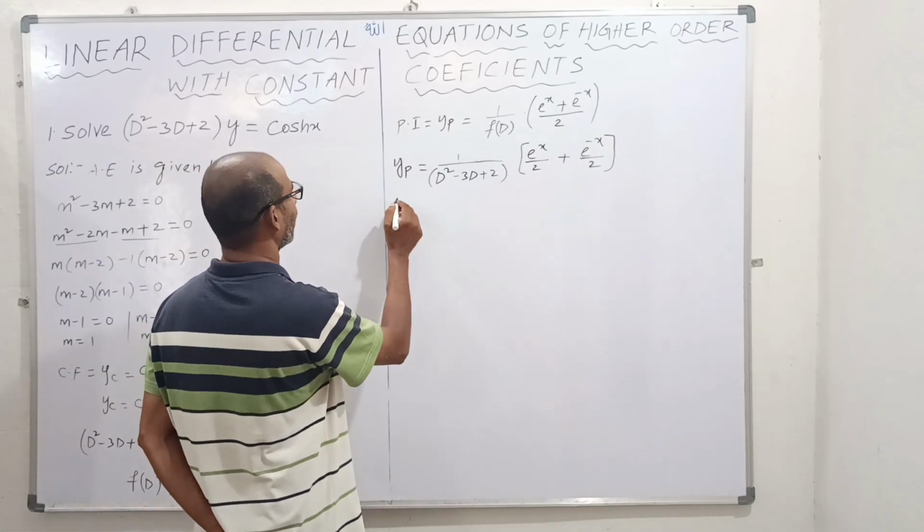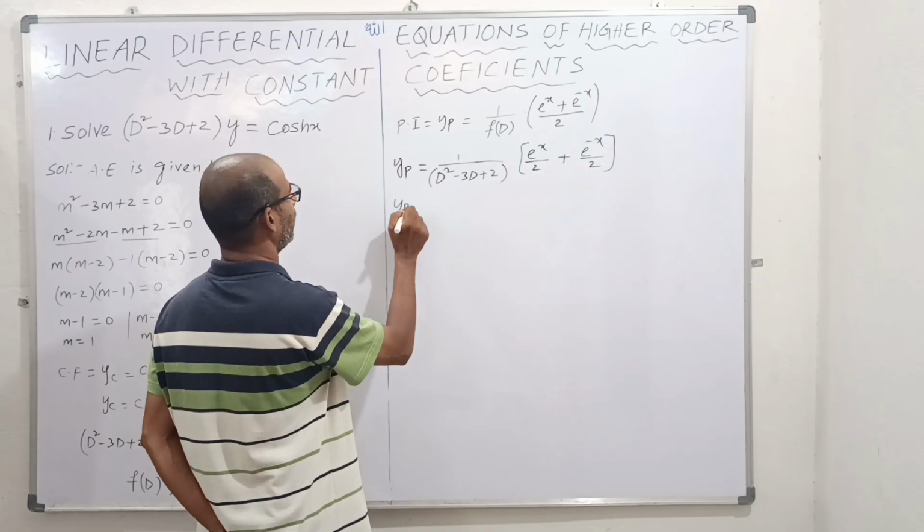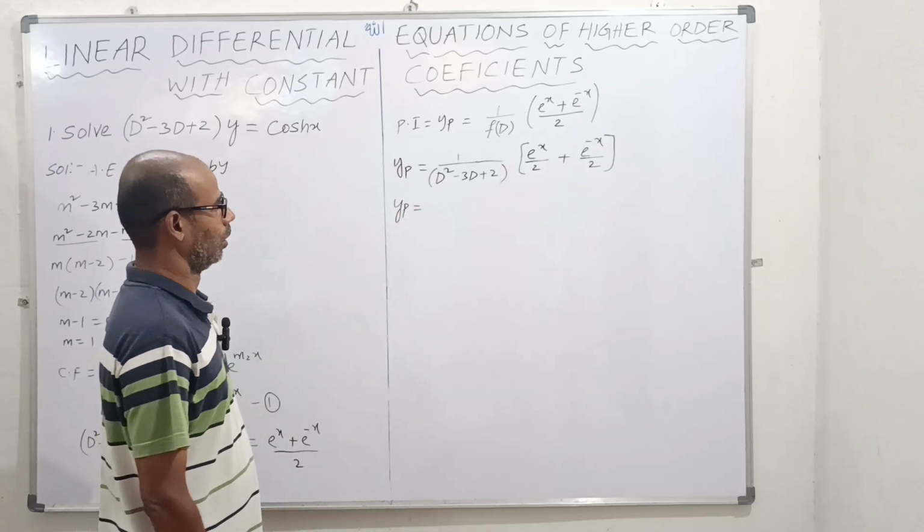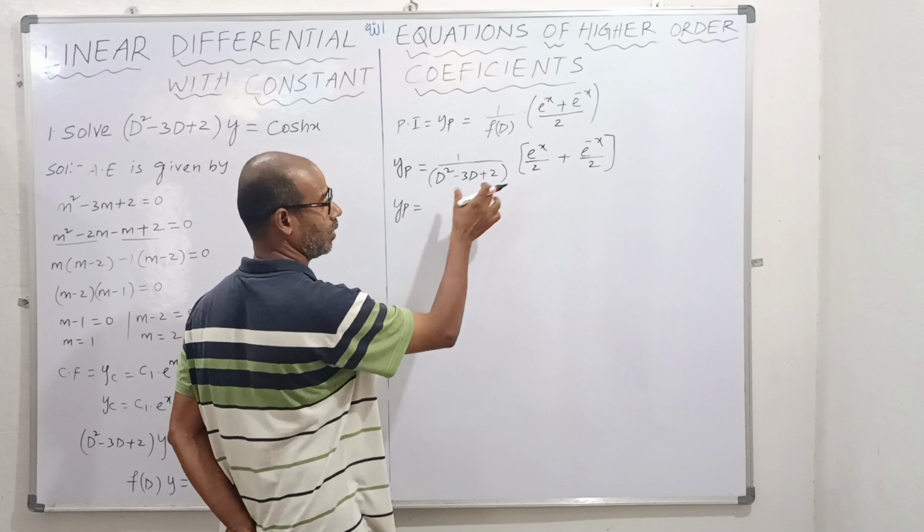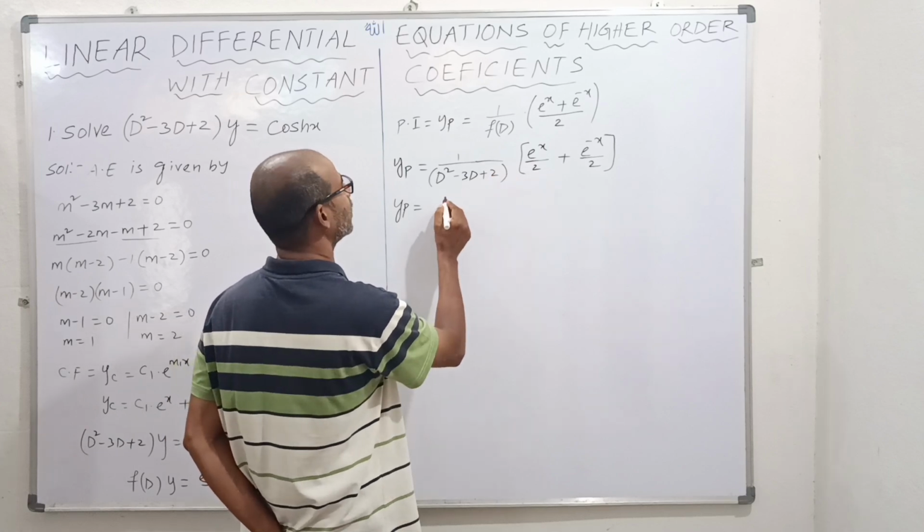So therefore yp is equals to, we'll move this inside, so we'll get two terms.